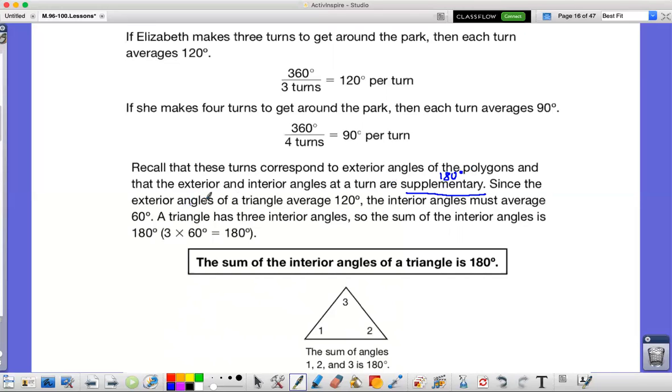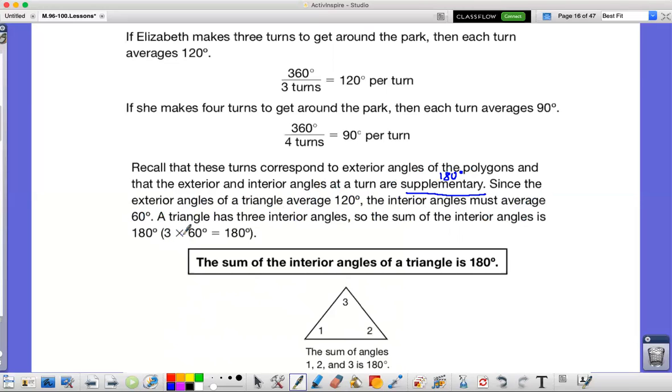Since the exterior angle of a triangle was an average of 120 degrees, that means the interior angles must average 60 degrees, because 120 plus 60 equals 180 degrees. The triangle has 3 interior angles, so the sum of the interior angles is 180 degrees. Remember that.